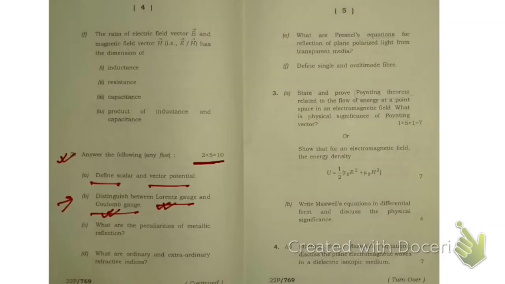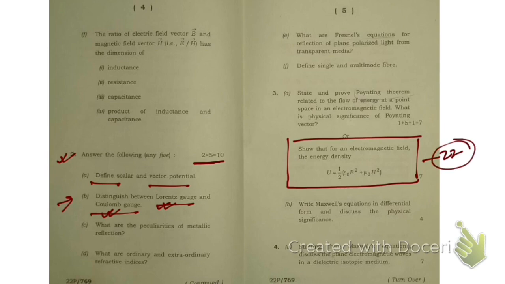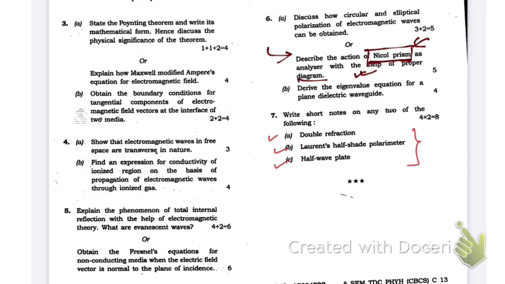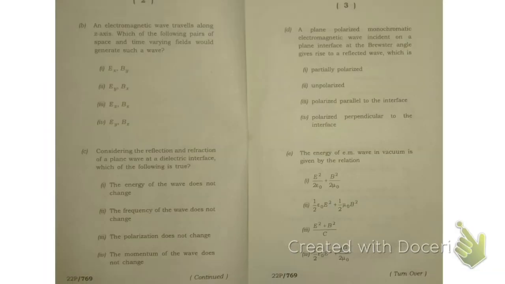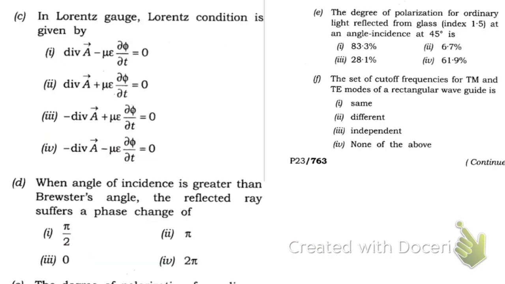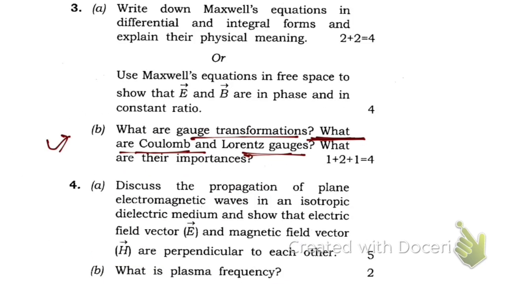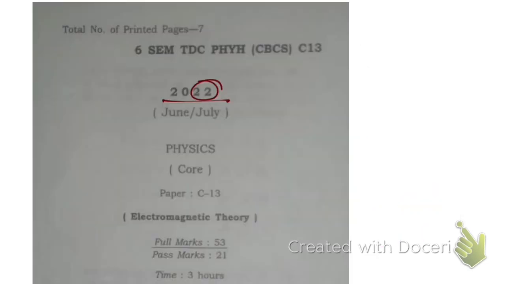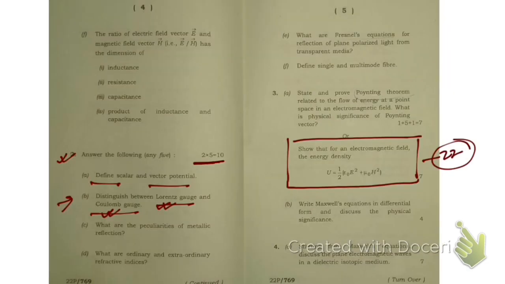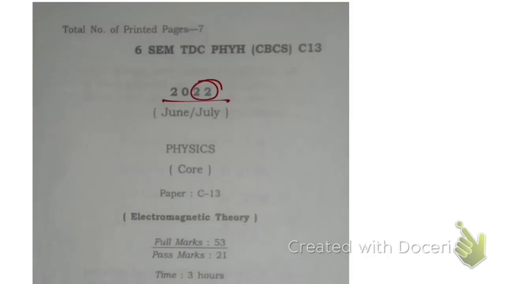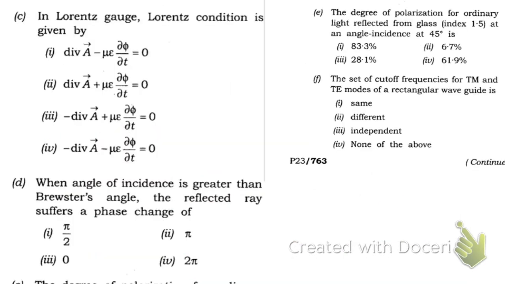Okay, now you see, this question was asked in 2022. I have seen this question in another paper also. Let me check where it was asked. Not here, maybe in different questions. Okay, this one is not repeated. This question was asked in 2022, and then it was not repeated in 2023.